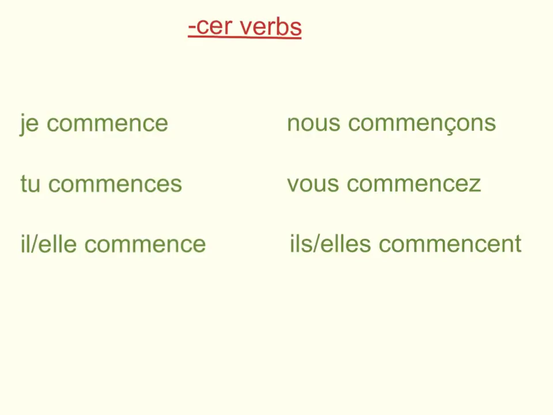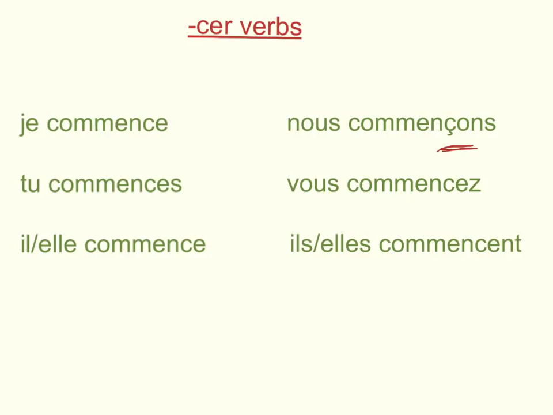So in the form we start, you'll notice that there's a difference in the C. What we've done here is we've added an accent. Nous commençons. And if you remember what that C does, it makes it be pronounced like an S sound instead of a hard K sound.